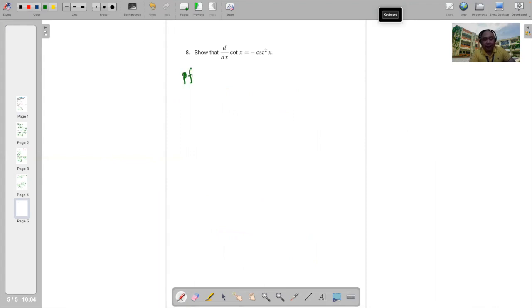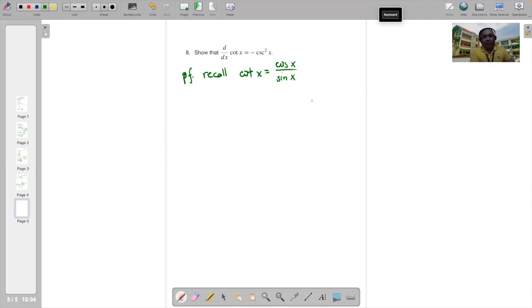So this is the proof. Here goes. Recall that cotangent x is equal to cosine x over sine x. This is a basic trigonometric identity that you have from your 10th grade trigonometry.